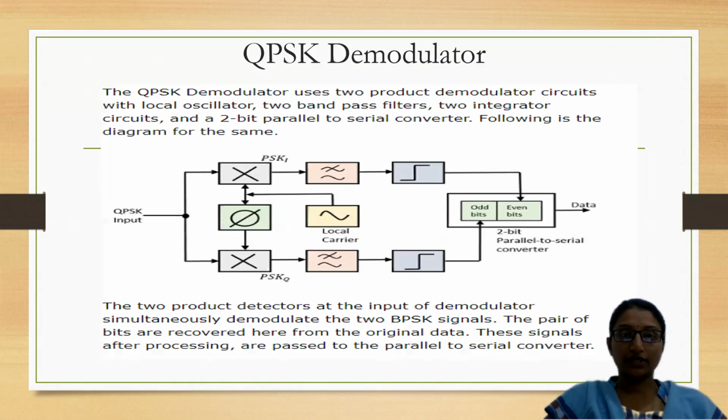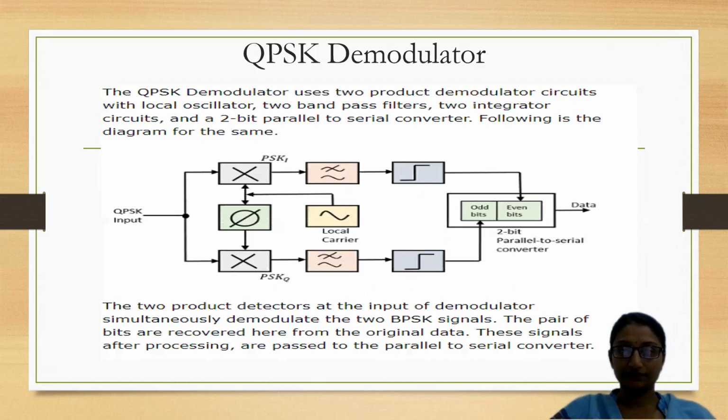And this is the block diagram of the QPSK demodulator. The QPSK demodulator uses two product demodulator circuits with the local oscillators as shown, two band pass filters, two integrator circuits, and two parallel to serial converters. Here again we give the QPSK input to a product modulator as one input.